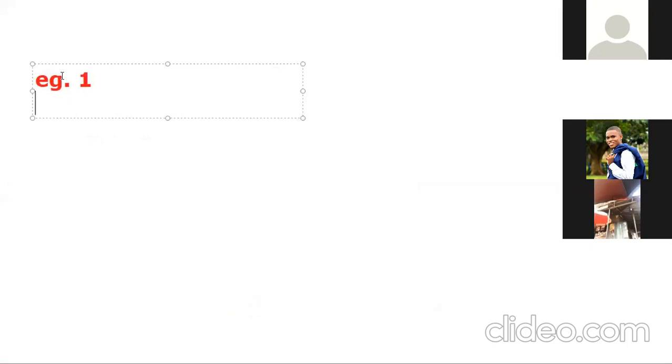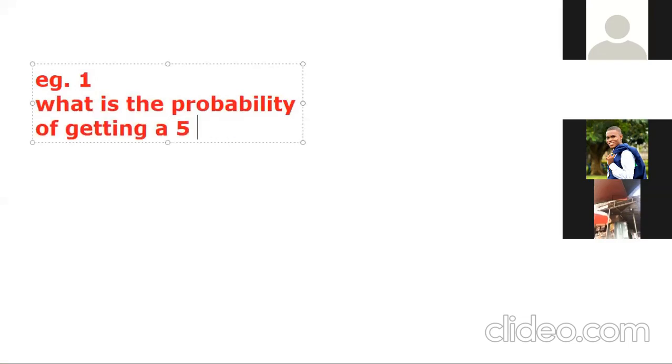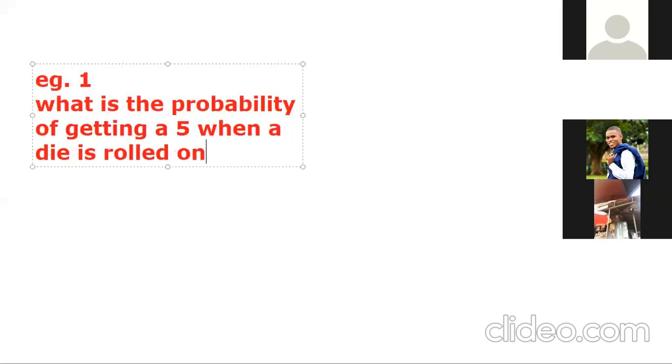What is the probability of getting a 5 when a die is rolled once? You can write as you follow, okay? Example 1: what is the probability of getting a 5 when a die is rolled once?